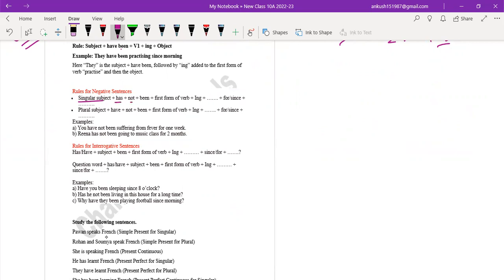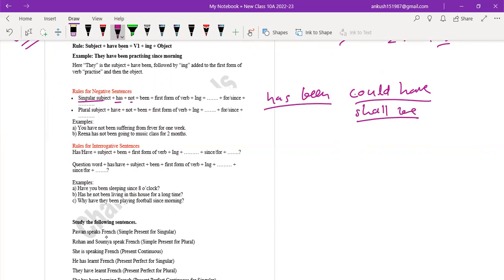Whenever we use a combined helping verb like has been, could have, shall be, and you want to use negation, you have to use the negative word in between the combined helping verb. Here it is the same: have plus been, and not is used in between. Have you got it? Yes, sir.